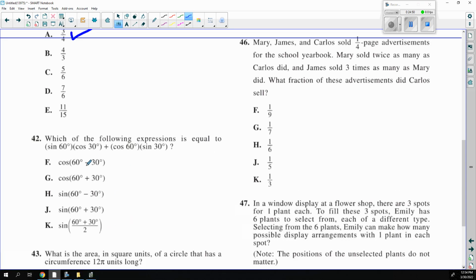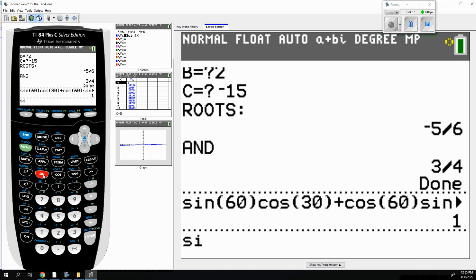Now match it up and see which one of these guys is 1. It's sine, I'm just saving time, 60 plus 30.